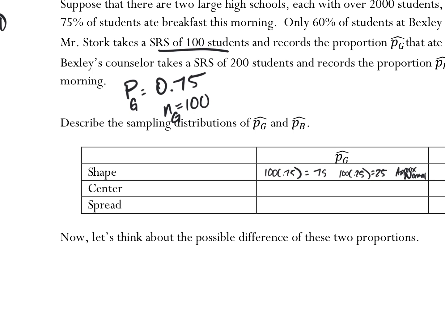Now, the mean of the Grandview p-hats will be, what will the mean be? 0.75. The standard deviation of the p-hats for Grandview would be the square root of 0.75 times 0.25 all over 100, the square root of P(1 minus P) over N. Again, formulas are on your formula sheet. You don't need to stress too much about it.